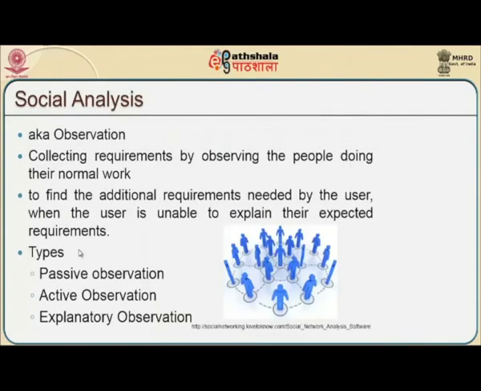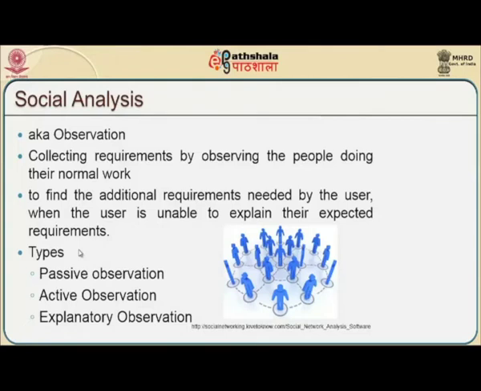And the other technique is on the social analysis aspect. This is also called observation from the social community. What we will try to do is collect requirements by observing people doing their normal work, and we will try to find the additional requirements needed by the user when the user is unable to explain their expected requirements.